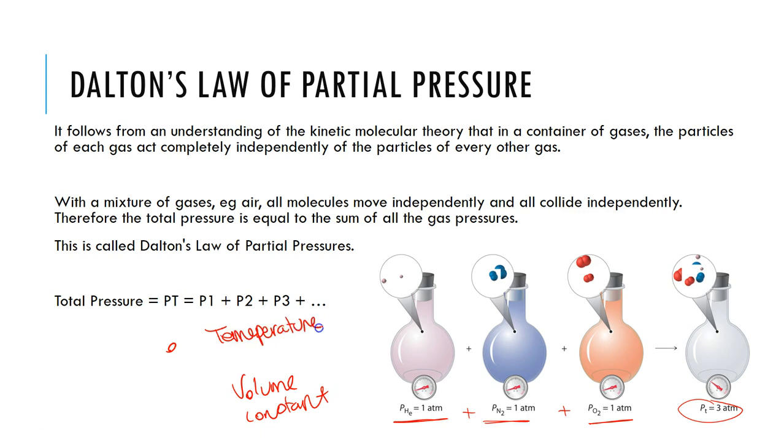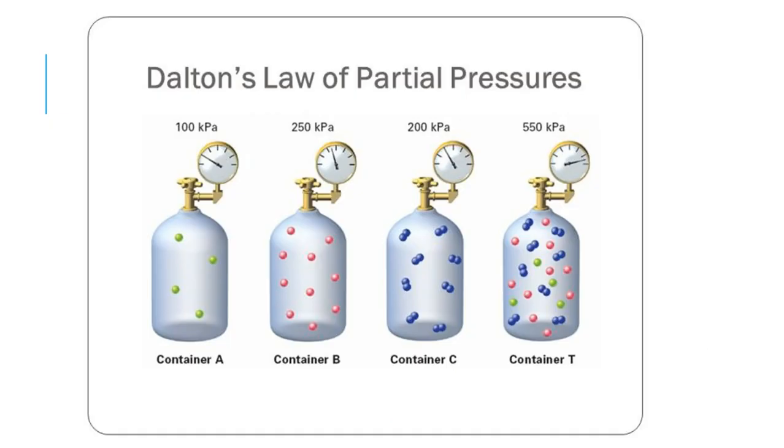So for temperature and volume being constant, I combine each of these, and the pressure from each one adds up to the total pressure. That should make logical sense, because I've got my heliums hitting the side, my nitrogen hitting the side and my oxygen hitting the side, which means my total pressure is due to the sum of each of these collisions. This is another diagram to show that in a bit more detail.